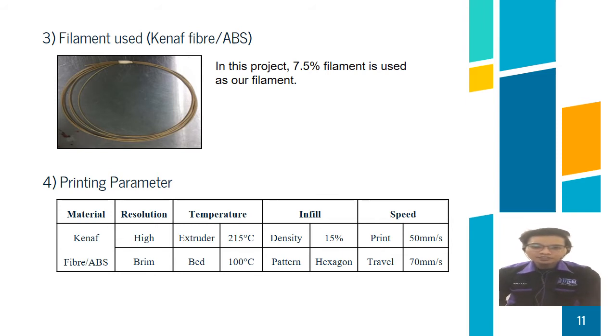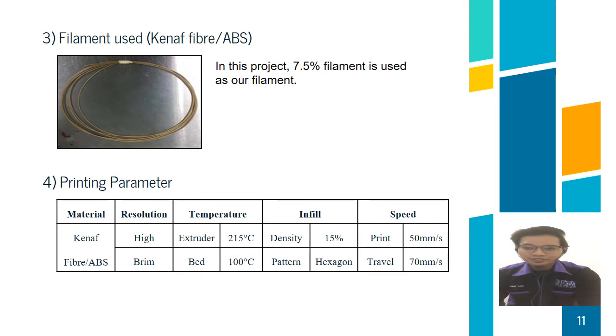Most of the parameters are based on the recommendation by FlashForge, but we made some changes to the temperature because FlashForge recommends 220 Celsius for the extruder, and that is for ABS. But when we tried to follow that temperature, we could see the kenaf fiber ABS was not suitable for it.